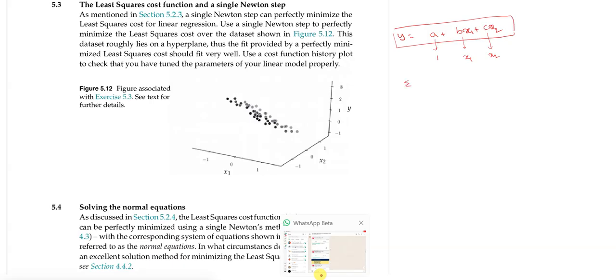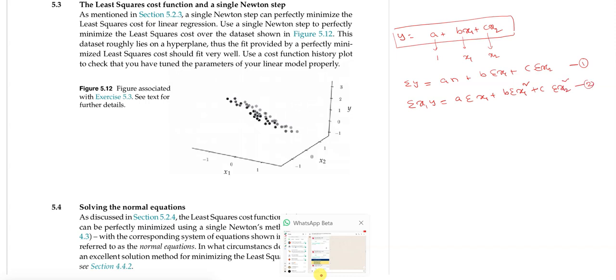Multiply with the coefficient of the unknown and apply summation. So we get sigma y equals a n plus b sigma x1 plus c sigma x2. This is the first normal equation. Coming to the second, multiply with x1 and apply summation. So sigma x1 y equals a sigma x1 plus b sigma x1 square plus c sigma x1 x2.